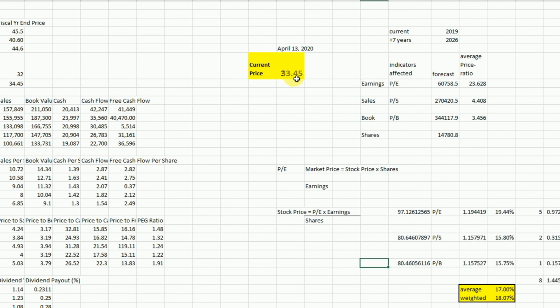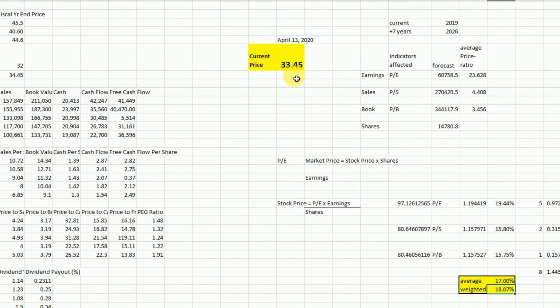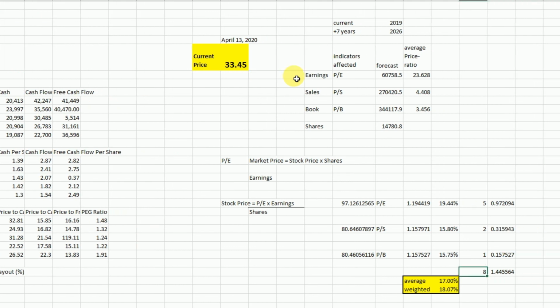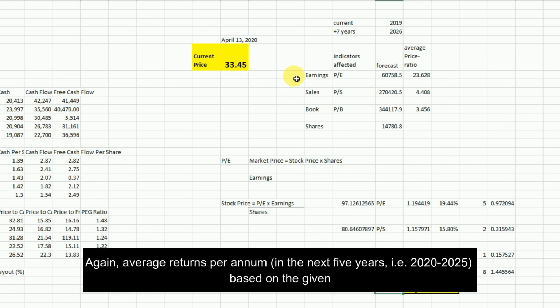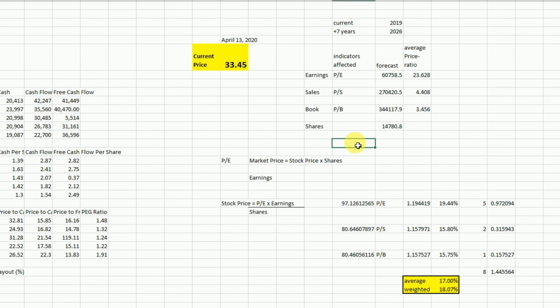Automatically you already have your average forecast, which is about 97, and your average earnings if you invested in Ayala Land today. So that's how we make use of this.